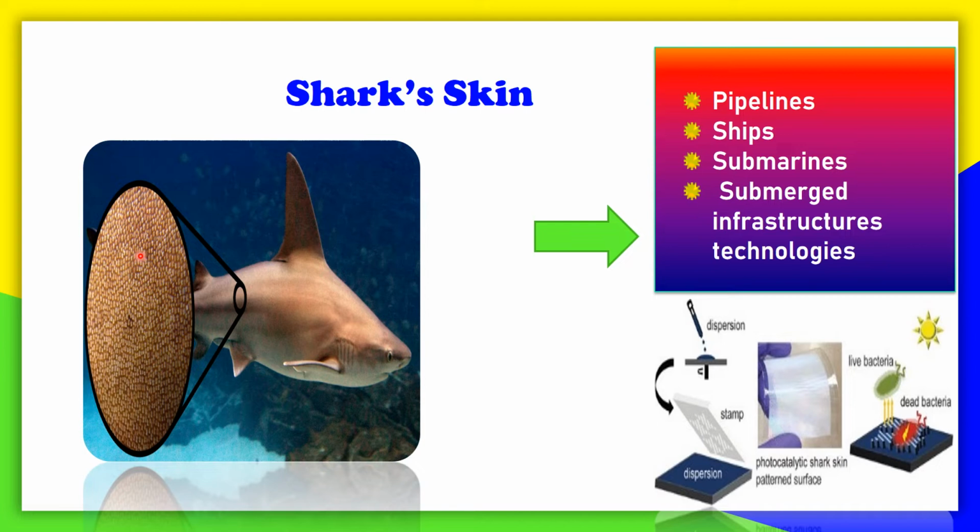The microstructure of the skin also facilitates high-speed swimming up to 90 km per hour, allowing sharks to hunt their prey. The presence of these microstructures distinguishes sharks from other aquatic species such as whales, which are covered by barnacles. This technology has been applied to surfaces such as for maintaining functional pipelines, underwater ships, submarines, and submerged infrastructure technologies.